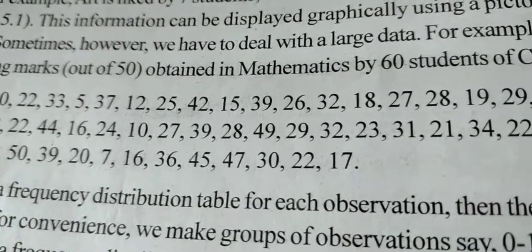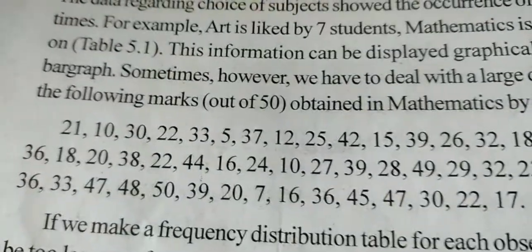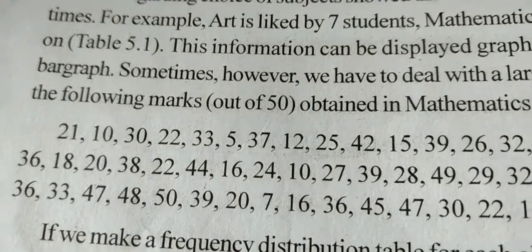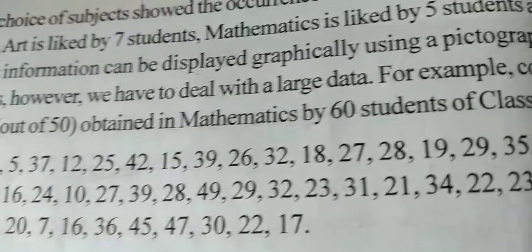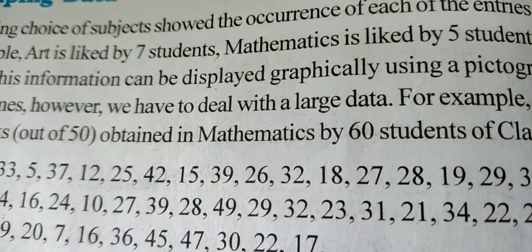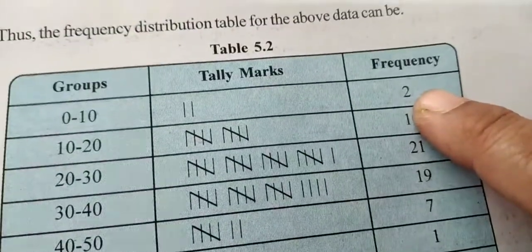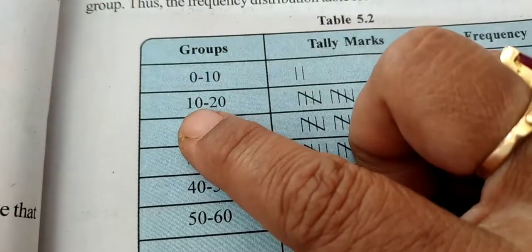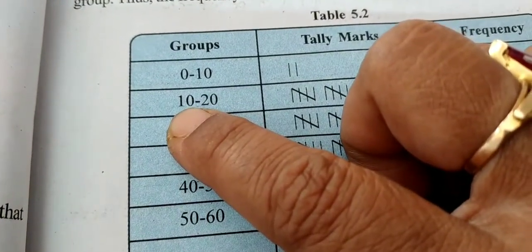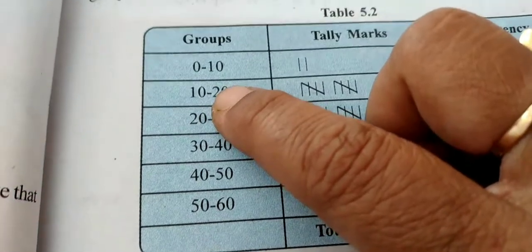Then let's move forward. Let's see whether we can have one more less than 10. No, no, yes, we have 5. So very careful we have to be. That's how we got 2, and right here frequency 2. Similarly, go for the group from 10 to 19, where 20 is not included.